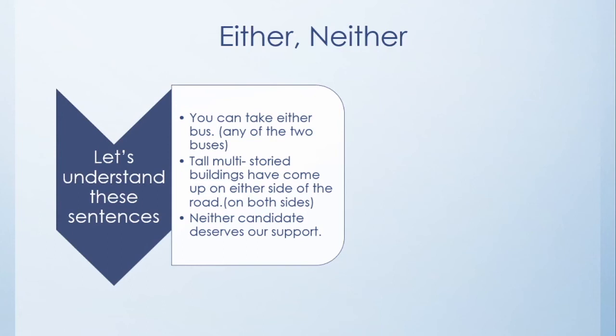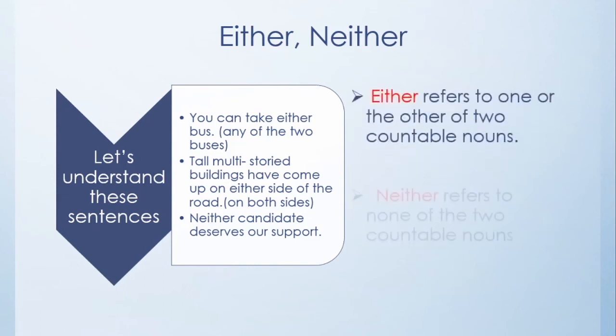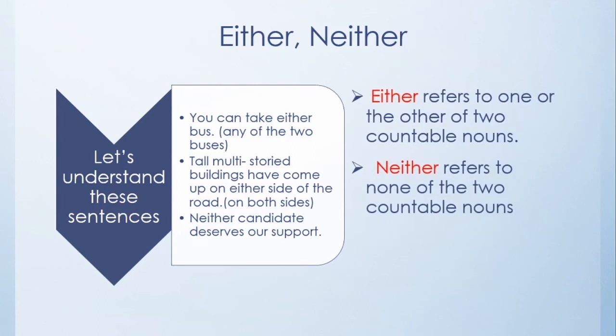In the second sentence, it says on both sides of the road. So, either has two meanings, any of the two or both. Neither candidate deserves our support. It means not the one nor the other. Neither is the opposite of either.